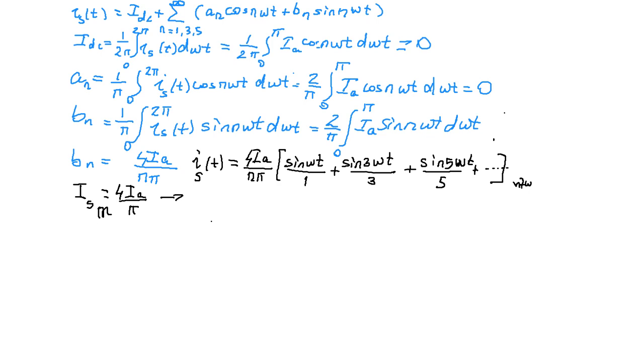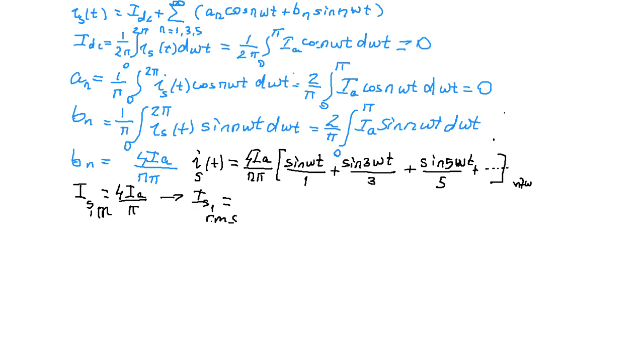IS1 RMS is equal to, it's a sinusoidal function. We all know that for sinusoidal functions, the relationship between peak and RMS is square root 2. Peak is square root 2 times higher than RMS.